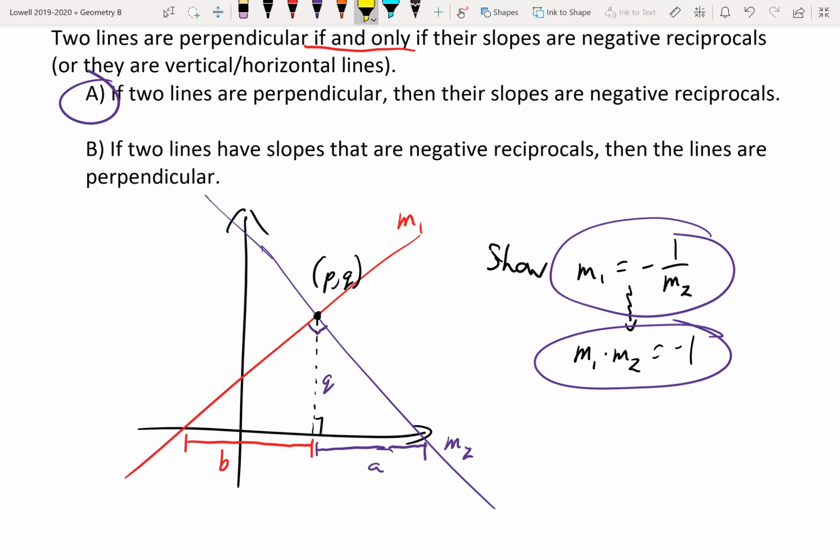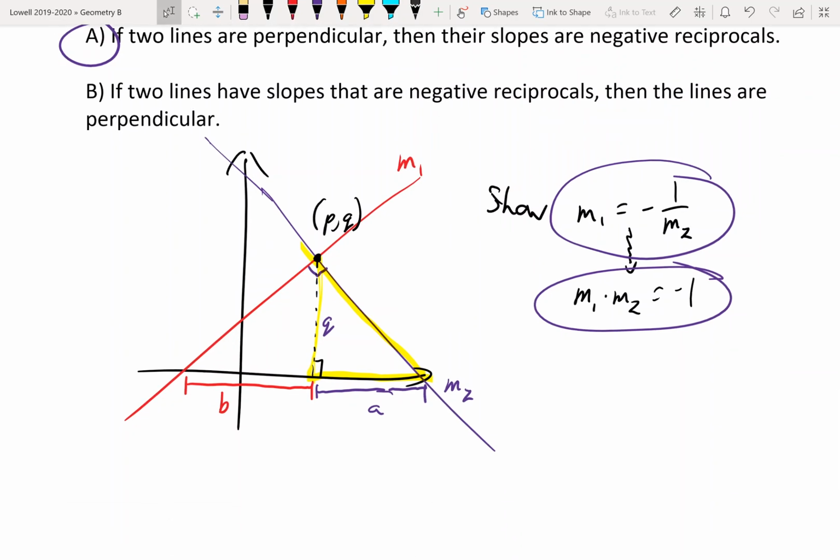If I look at this yellow triangle right here, it's a slope triangle. Whenever you have a line and you draw a right triangle where the line itself is the hypotenuse, you're drawing a slope triangle, if you remember from Algebra 1. Now I can get my slope from this.